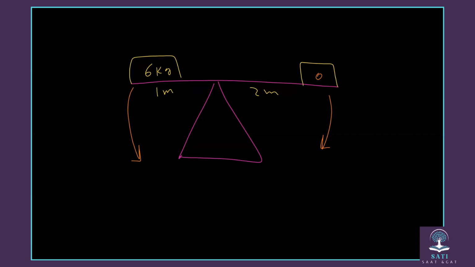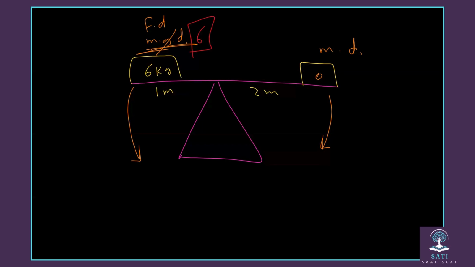And we said the torque equals force times displacement, right? So force times distance is going to be m times gravity times distance. Since the gravity is the same for both of them, I'll consider just the mass times the distance. So mass times distance in this part is m times d, which is 6 times 1. It's going to be 6 on this part.